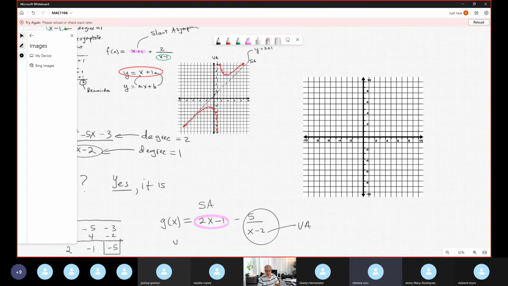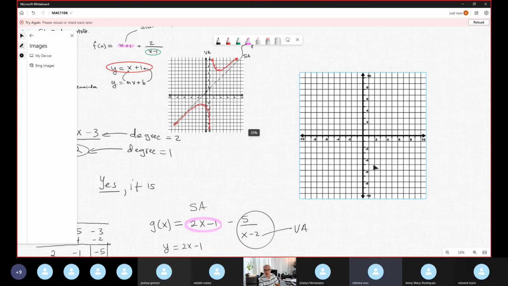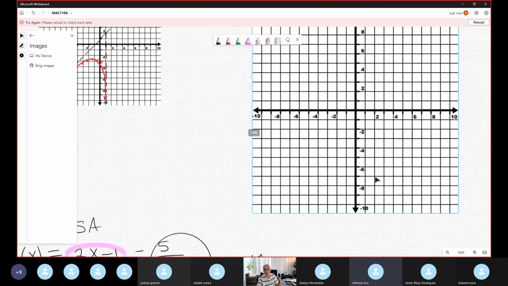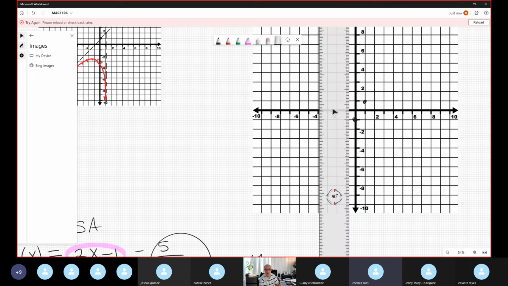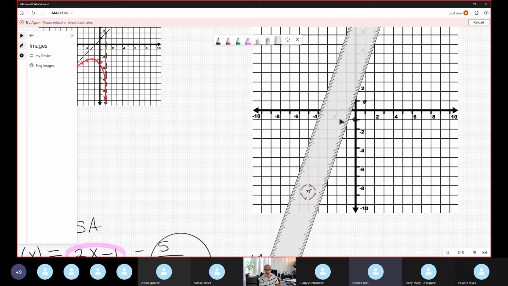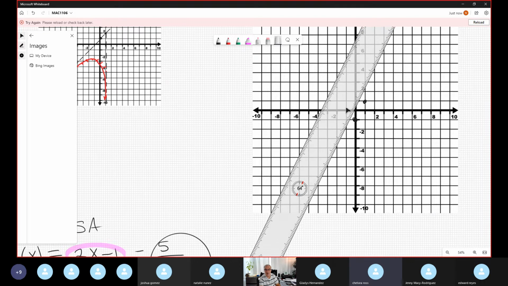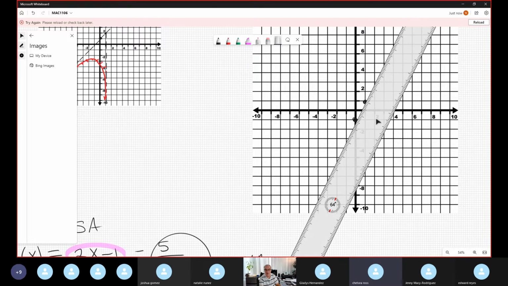You see that y equals 2x minus 1, the y-intercept is negative 1. I plot that point, and from this point the slope is 2 positive, 2 over 1, and you obtain the second point. We connect both points by the line, and this is my famous slant asymptote.